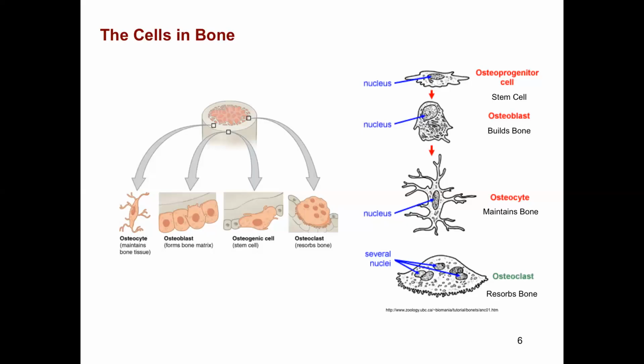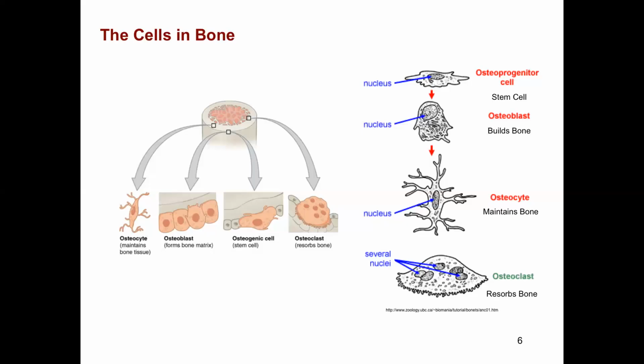So on page 3, I have osteoblast versus osteoclast, okay? I know my C is a little close to that L there, but that's osteoclast. The osteoblast is formed from the osteogenic cell. It takes calcium from the blood and incorporates it into the bone matrix.